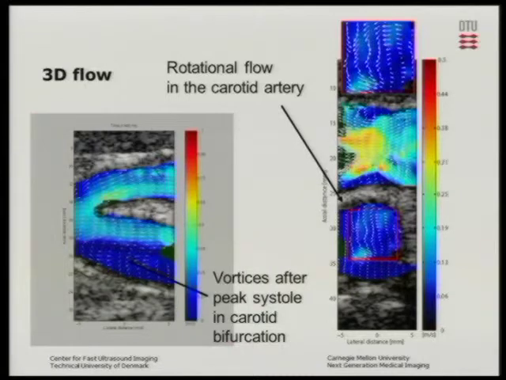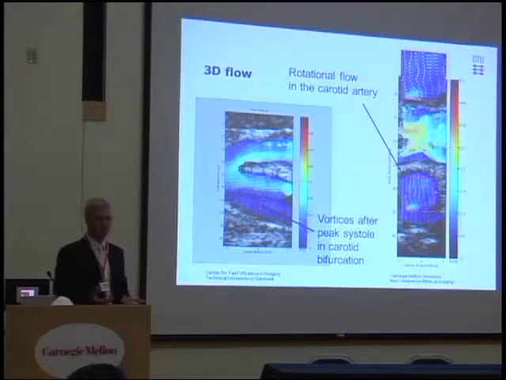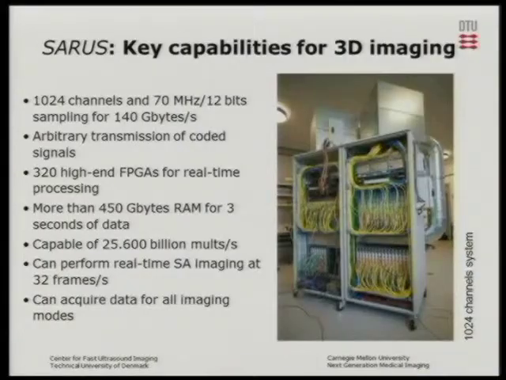So what we really should do in order to see the full image of this is to do it in 3 dimensions, so actually see the 3-dimensional velocity vector. To do this, we have to be able to control the beam in 2 directions. So we built Saurus. We can now put on a 32 by 32 array transducer on this. So that's 1,000 channels.